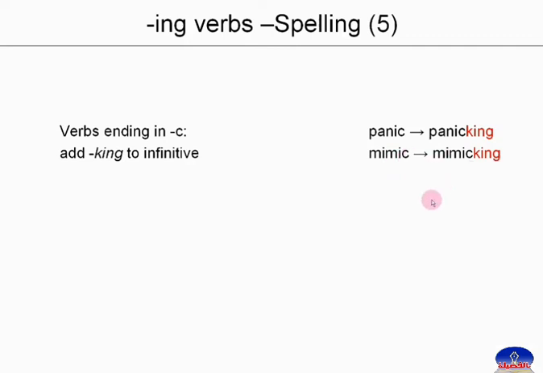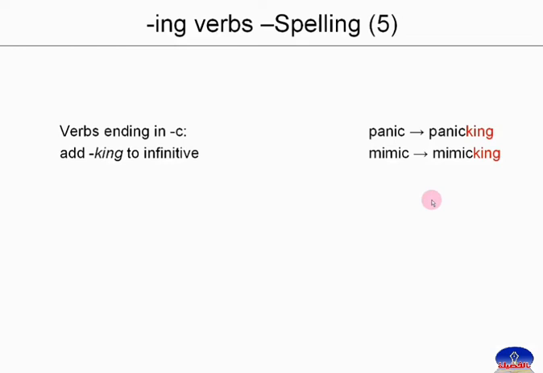Alright, so that is the end of all the rules and exceptions. It might look a little bit intimidating. There are quite a few rules and exceptions, but let me tell you, most of them are quite easy. Most cases you will see, you will just add ing, in fact.